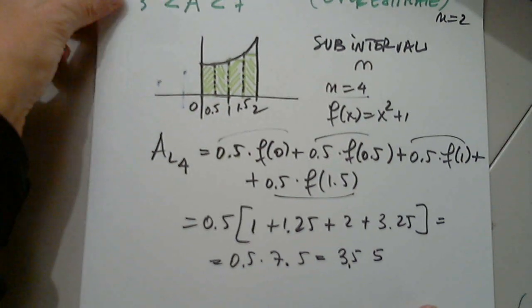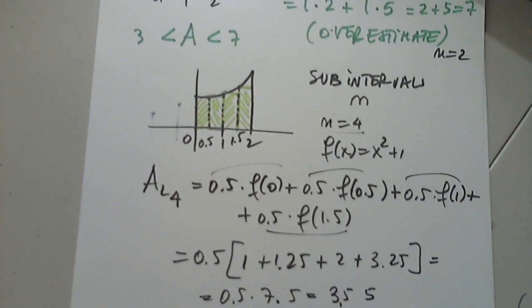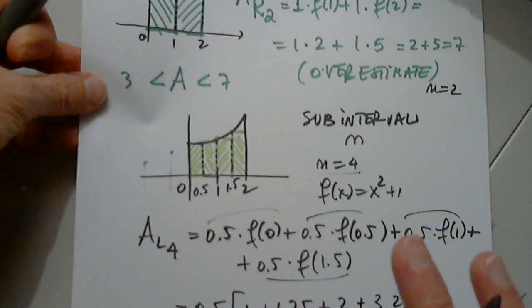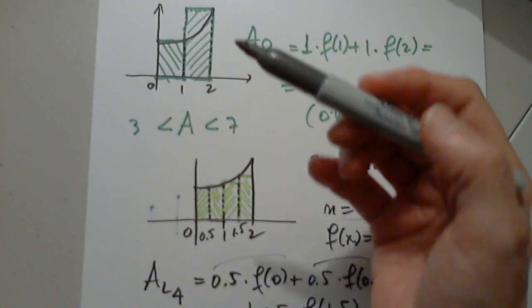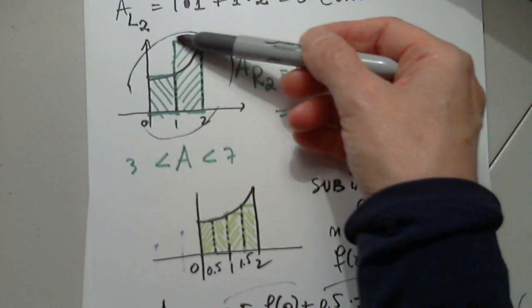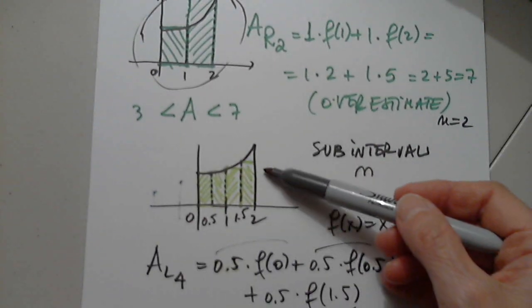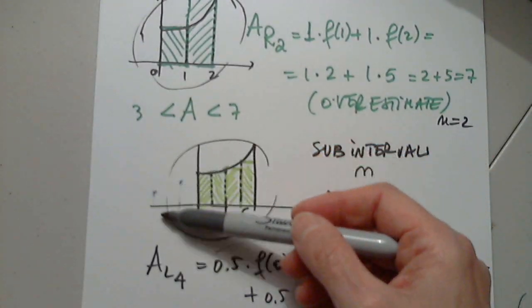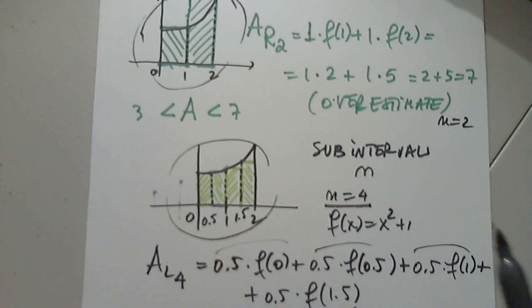Question now. Do you think that the estimate with 2 subintervals is better or worse than the estimate with 4 subintervals? Which one is better? The one with 4.